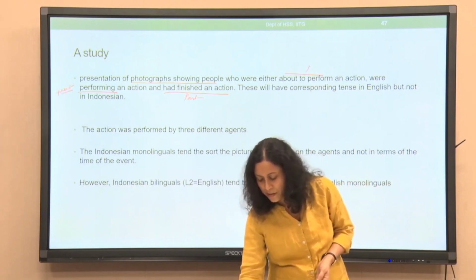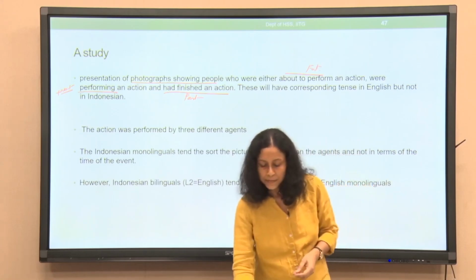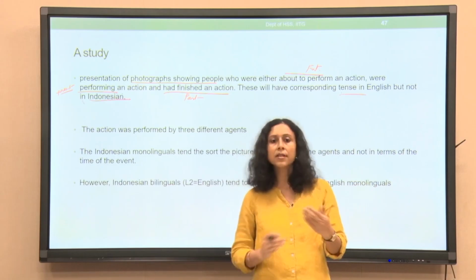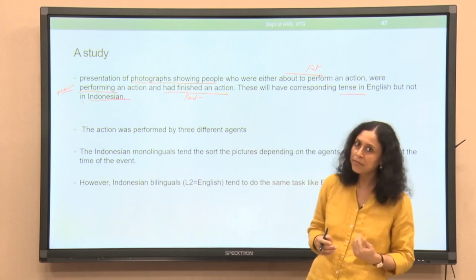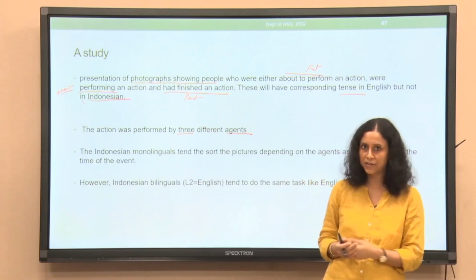And this is future tense, and they all have corresponding tenses in English, but not in Indonesian. So, that was the distinction between these 2 languages. There was another variable brought into this study, which was that the action was performed by 3 different agents. So, there were 3 different kinds of people doing the same action.